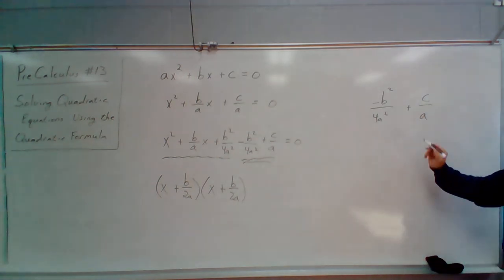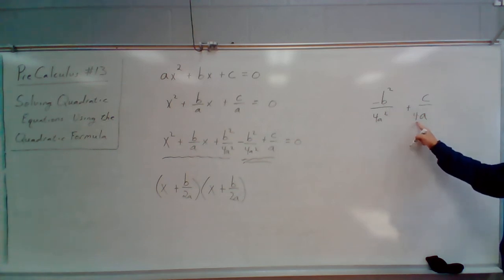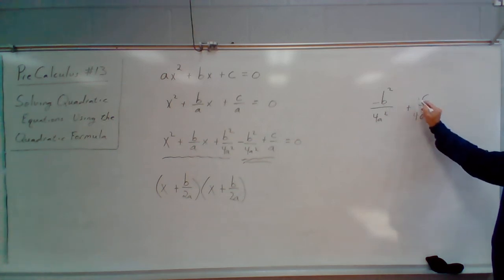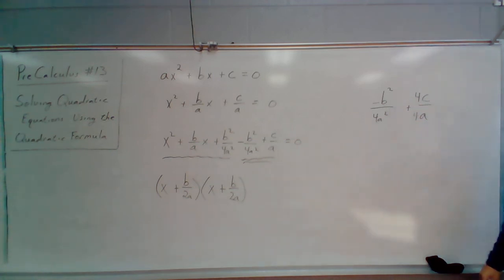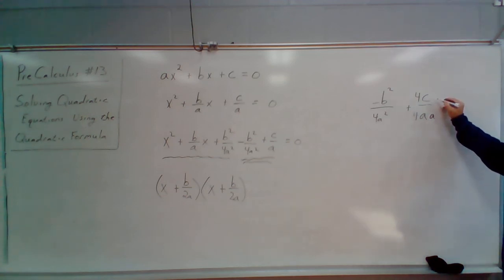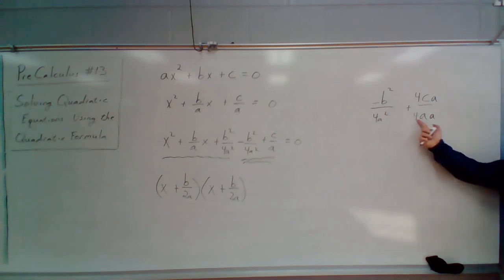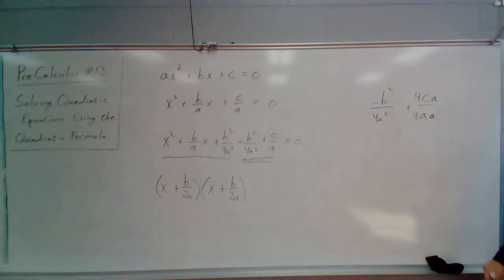So if I want a common denominator, I'm going to need to multiply by 4 on the bottom. If I do it on the bottom, I have to do it on the top. I have a squared here, so I'm going to need another a. So multiply by a on the bottom, a on the top. So now I got 4a squared here, 4a squared here. I have a common denominator.